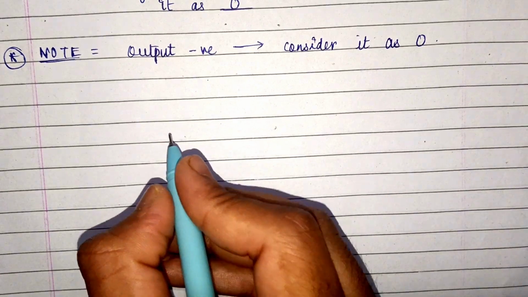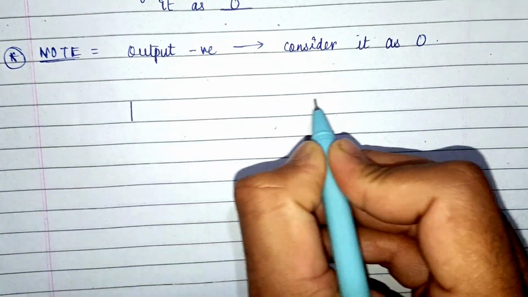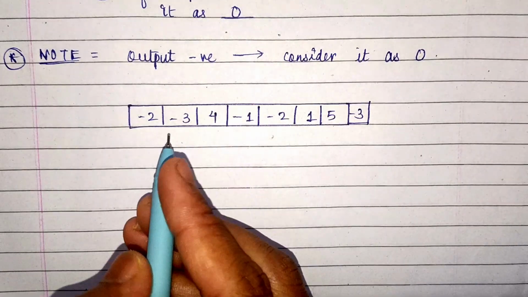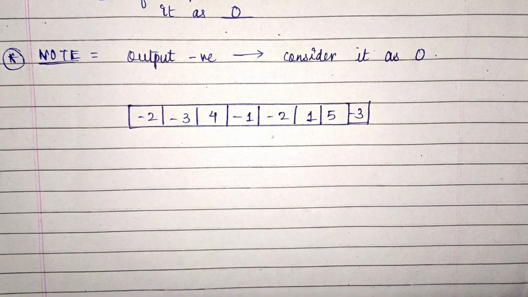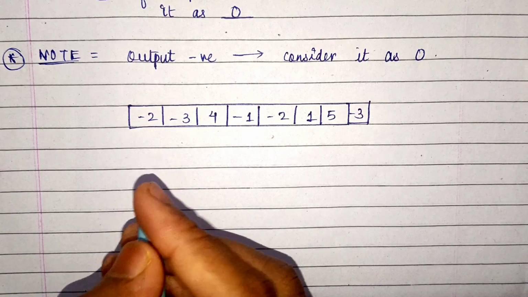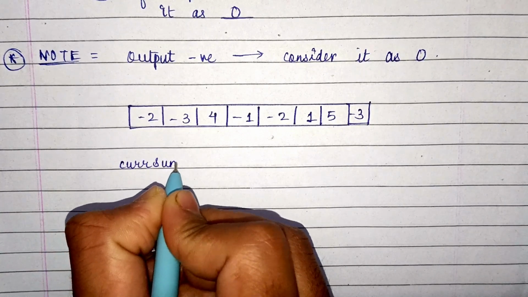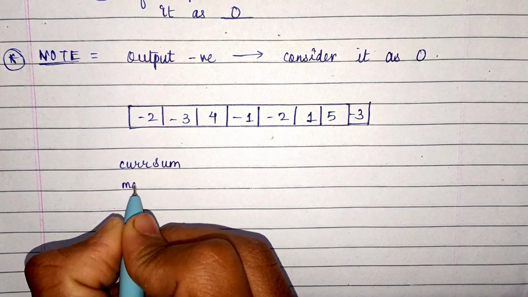Let's take an example. I've created an array and variables. I will take two variables, current sum and maximum sum.